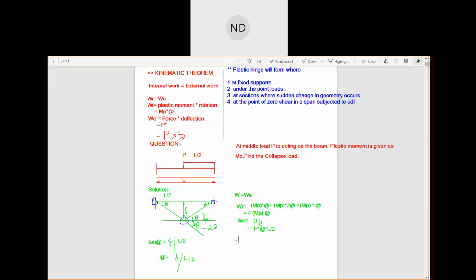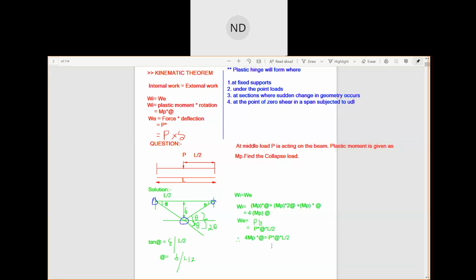So therefore, for your 4 MP, this 4 MP into theta is equal to this, capital P into theta into L by 2.